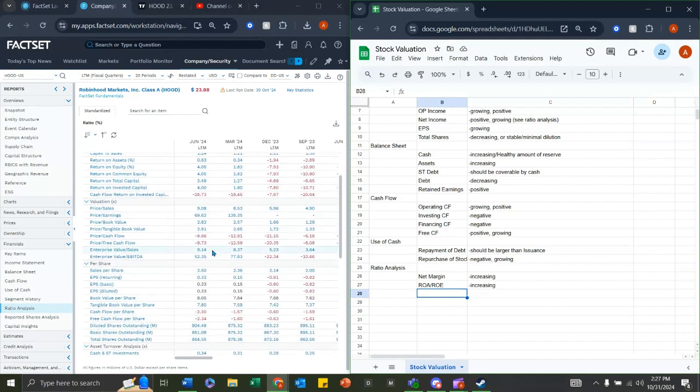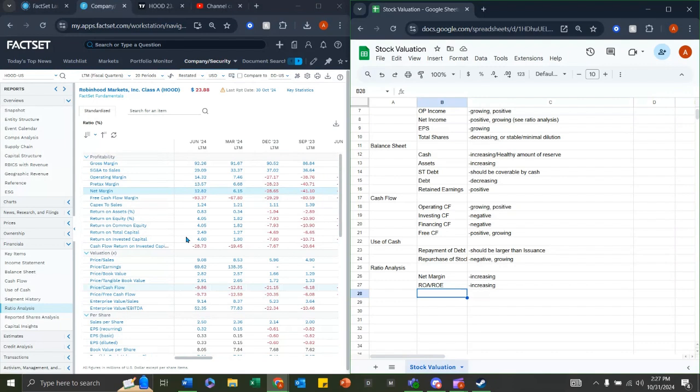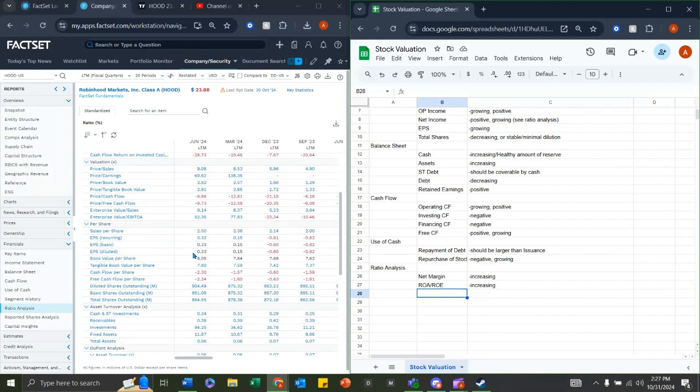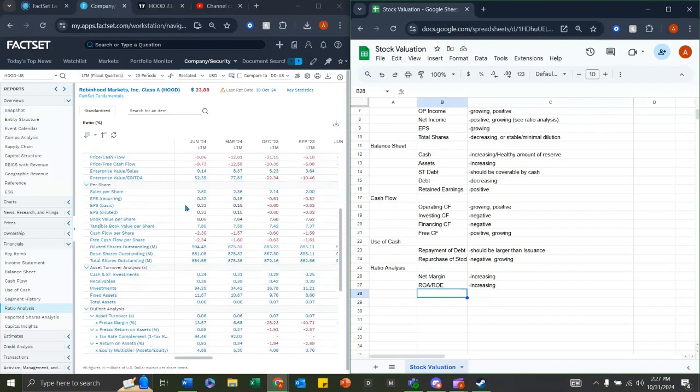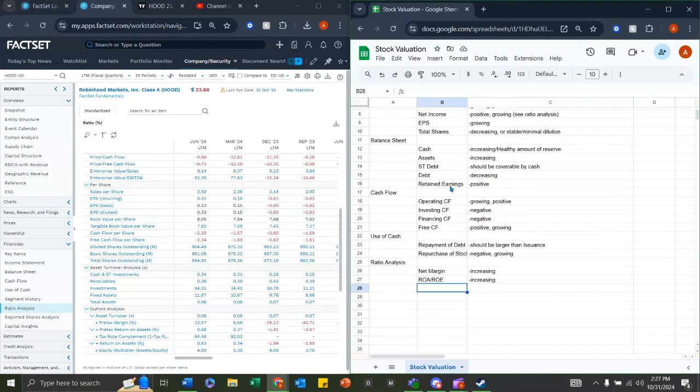Other than that, all of these are important, don't get me wrong, but the profitability and things like that are, again, mostly covered by the net margin. It's kind of a blanket term. If your net margin's positive and increasing, fantastic. Basic EPS, you do want to see that increasing, but we covered that earlier in the income statement.